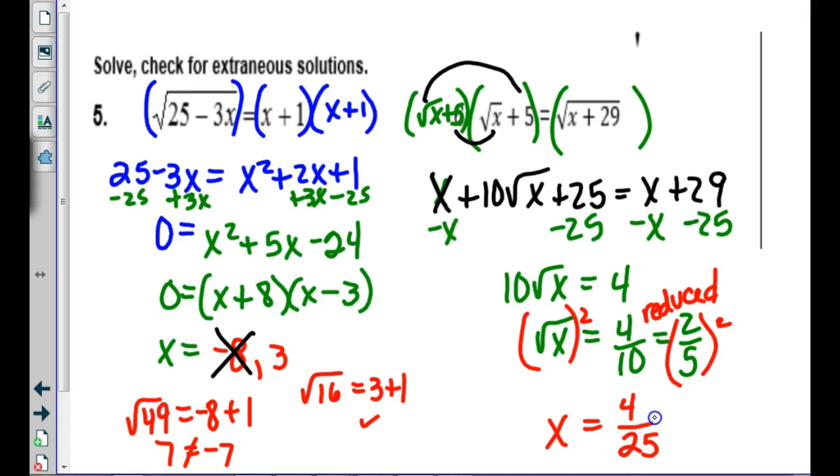So now we could go back and plug it in. Square root of 4 over 25 plus 5 equals, over here we'd have the square root of 4 over 25 plus 29. All right, this is going to be 2/5 plus 5.